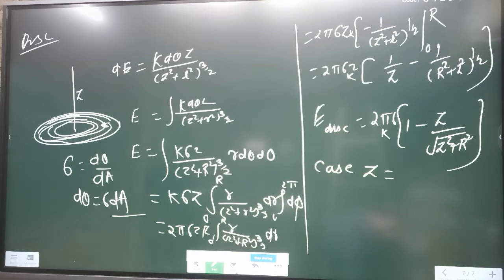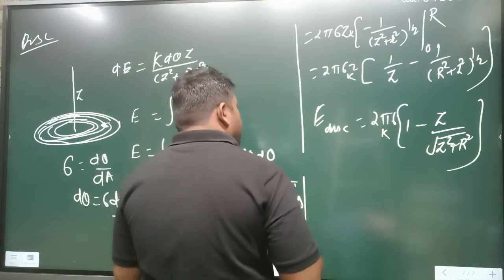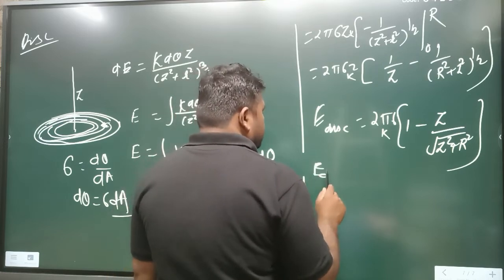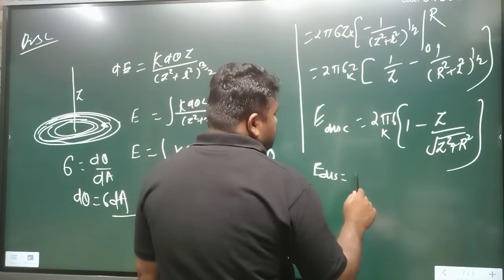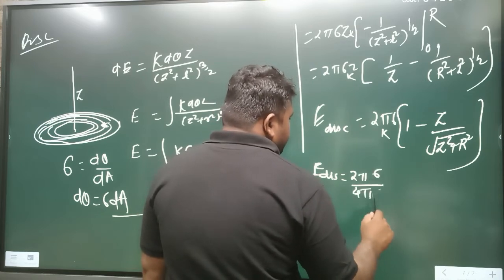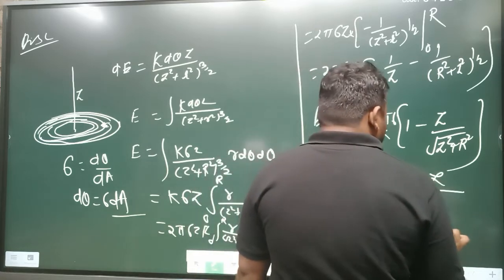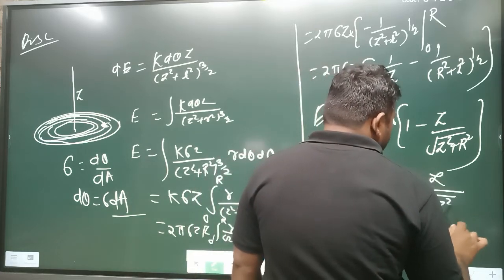Two pi k. K is nothing but 1 by 4 pi epsilon naught. So 2 pi times 1 by 4 pi epsilon naught, 1 minus z upon under root z square plus r square.